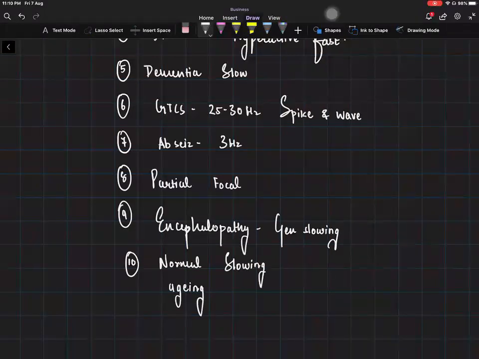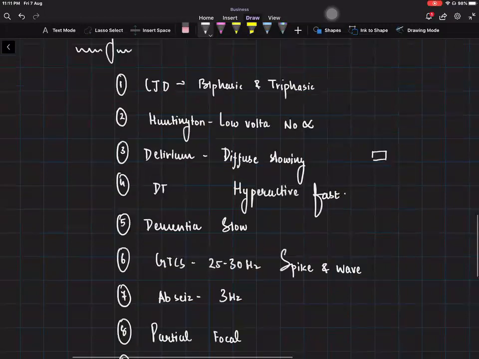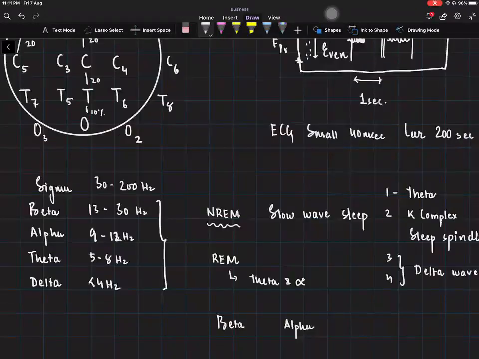So let's do a quick revision of the EEG so far. What kind of finding do we get in delirium tremens? Fast, hyperactive. And in normal delirium? Diffuse slowing.